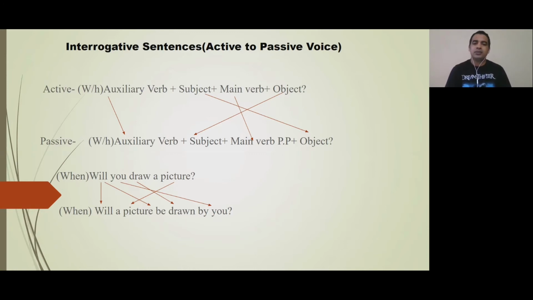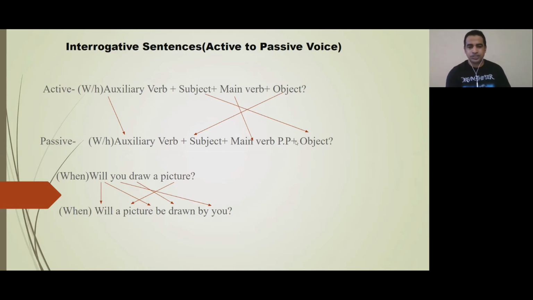Well, auxiliary verb, the object becomes subject, the main verb will be V3, and we have to present here by. Let's check here. You have to think about that. After verb 3, we have here by before the object. I missed this point, so sorry to say that we have to put here by.